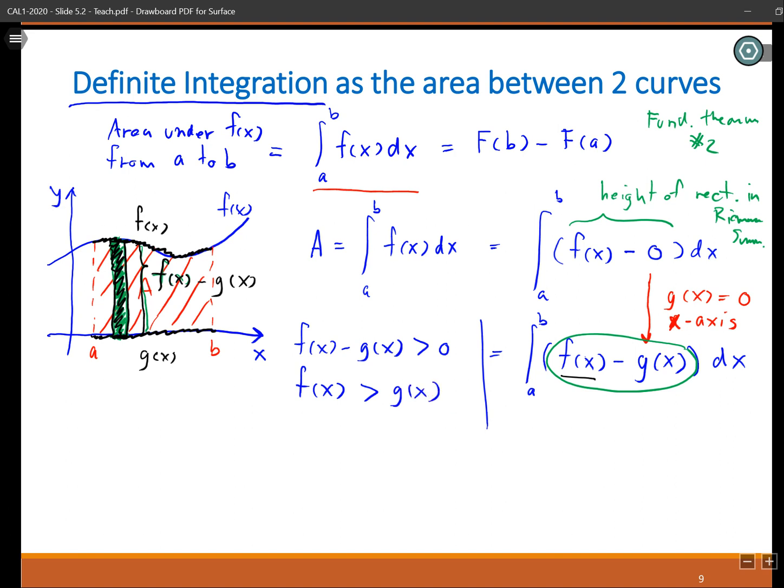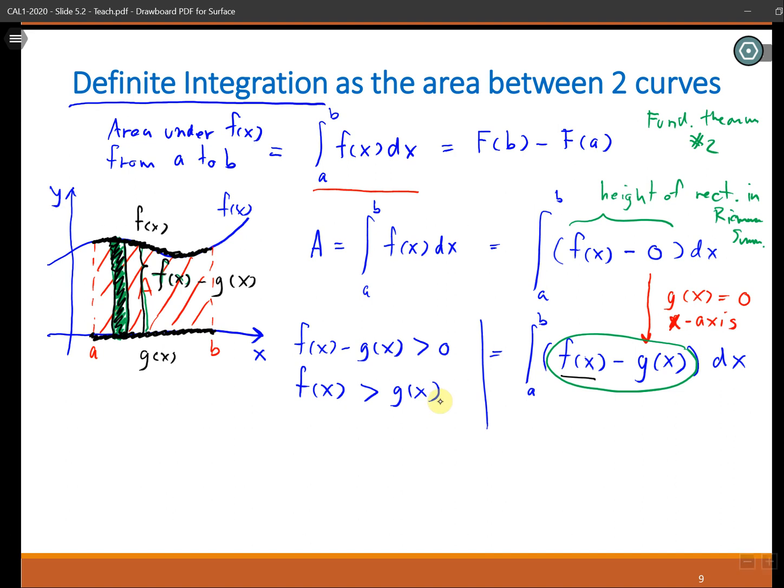Now, let's put a meaning to this inequality. This inequality tells us that f(x) has to be the curve at the upper part, at the top, and g(x) has to be the curve at the base. f(x) has to be above right here at the top, and g(x) has to be lower at the base, so that f(x) minus g(x) becomes positive.